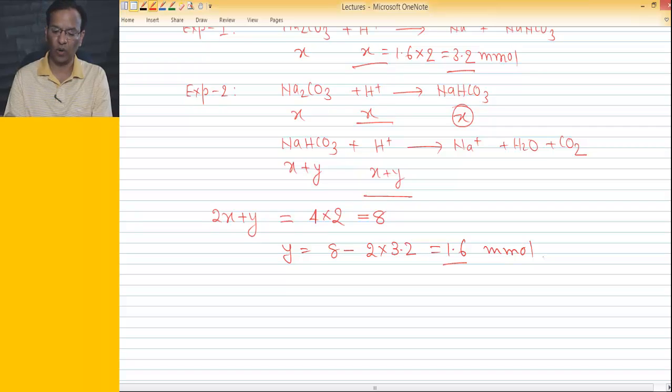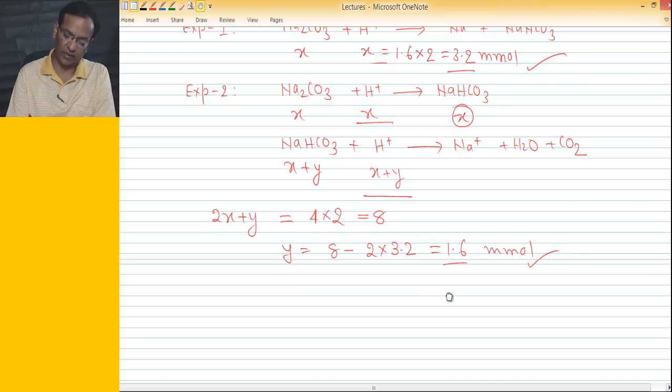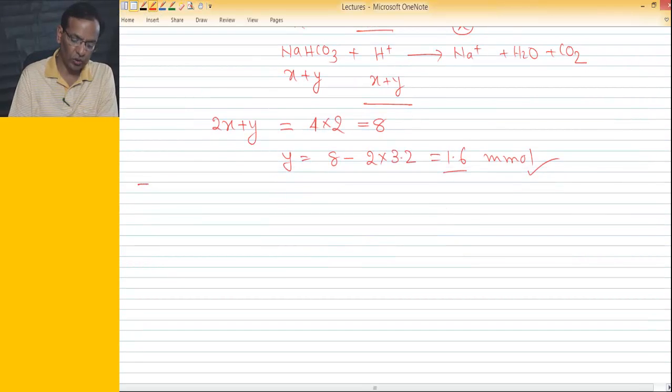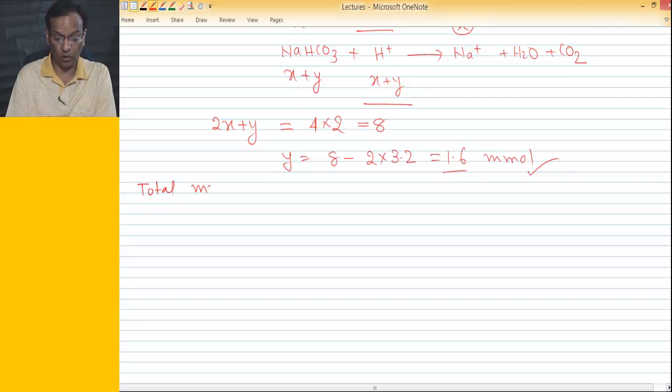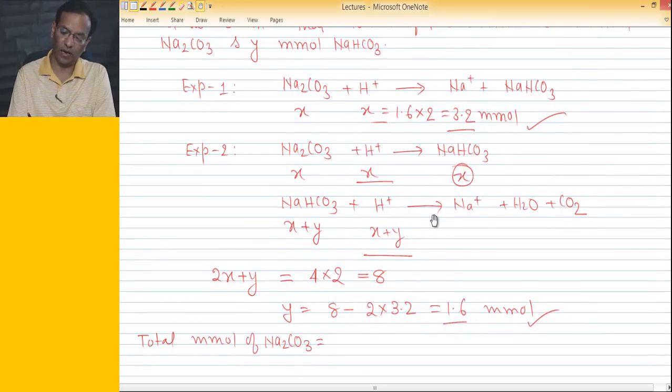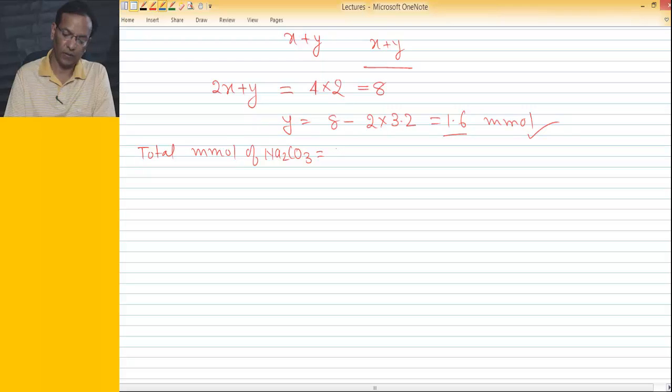Analysis is done. Now we know millimole of sodium carbonate, we know millimole of sodium bicarbonate in 10 ml. So now it is just simple calculation. Total millimole of sodium carbonate Na2CO3 will be equal to how much? We have calculated in 10 ml, so it will be 3.2 into 5.